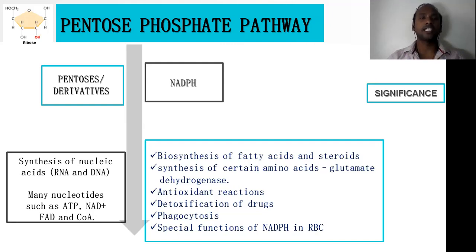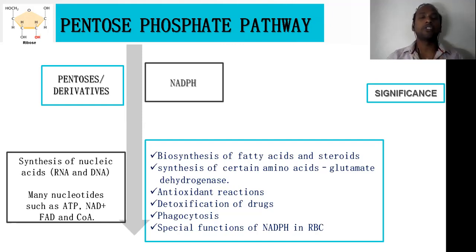If these are not neutralized, they will attack the cell membrane, DNA, and even proteins, and finally destroy them. So antioxidants try to prevent that effect of reactive oxygen species, and for that type of reaction NADPH is very important.